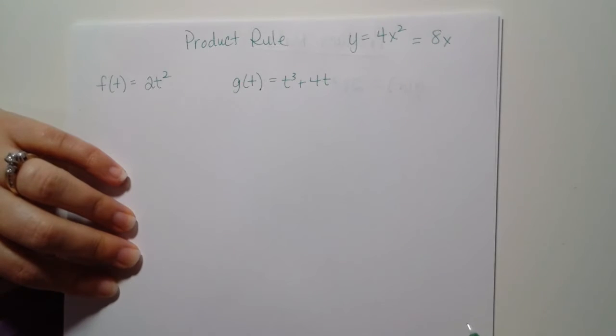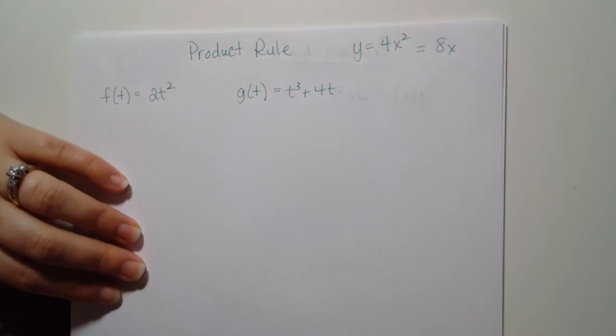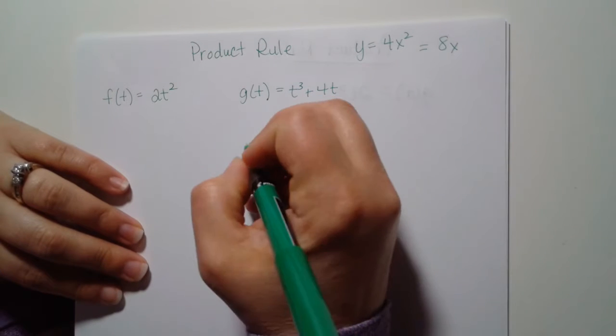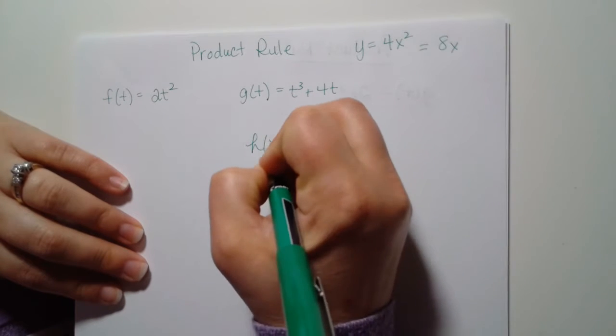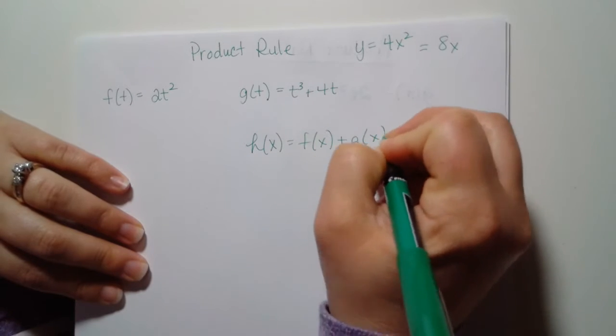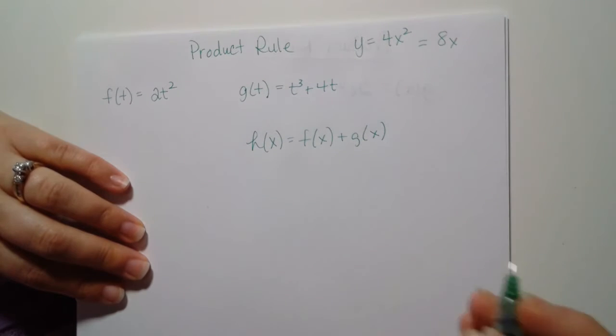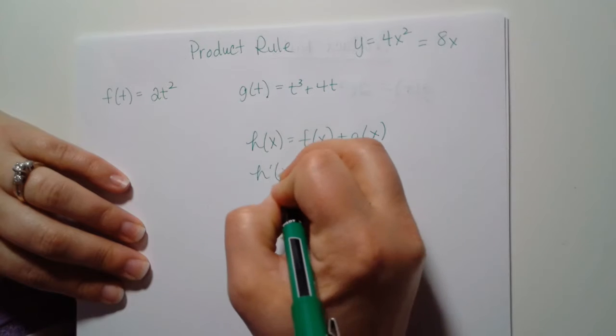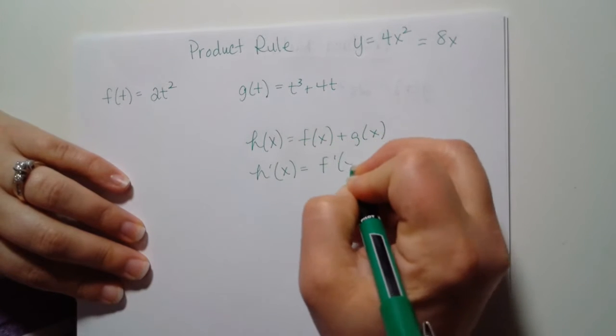When we do the derivative, let's say h of x is equal to f of x plus g of x, then we know that this derivative is just the sum of their derivatives. So it's f prime of x plus g prime of x.